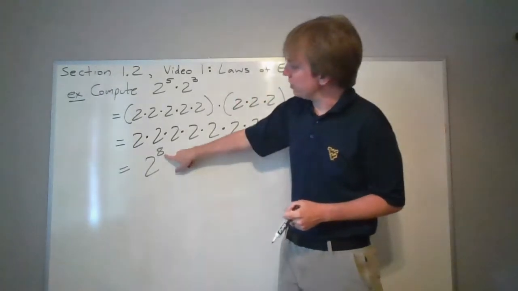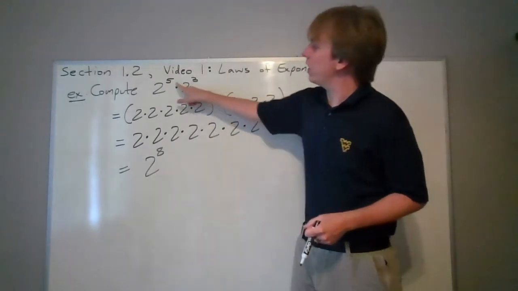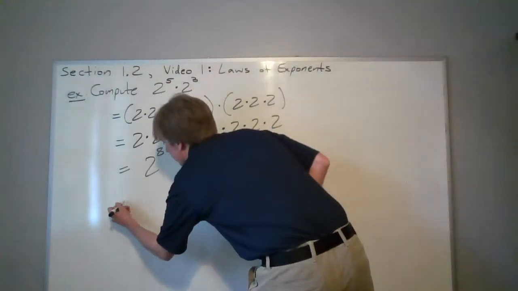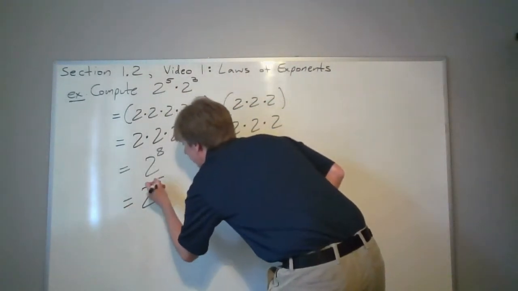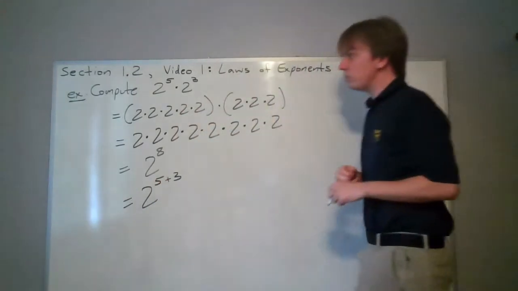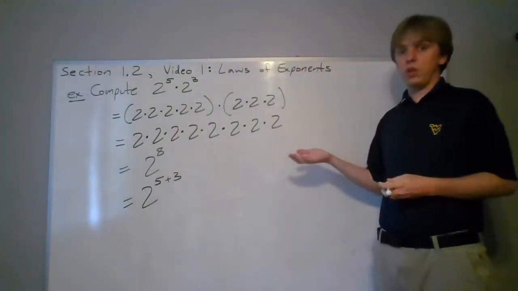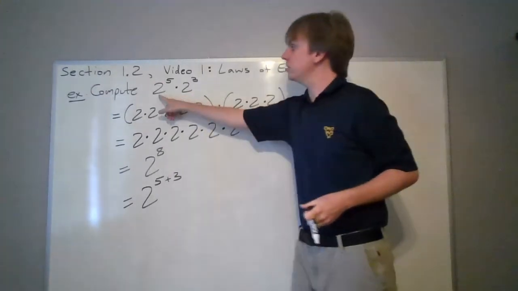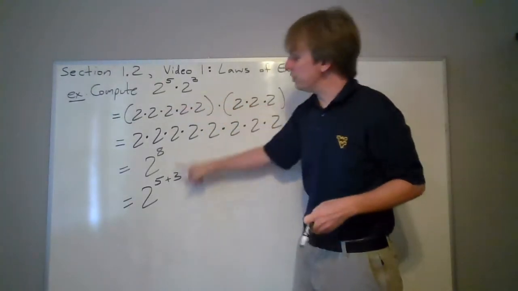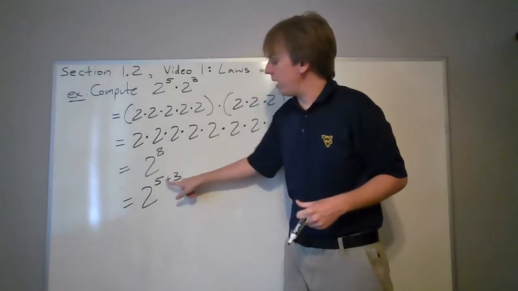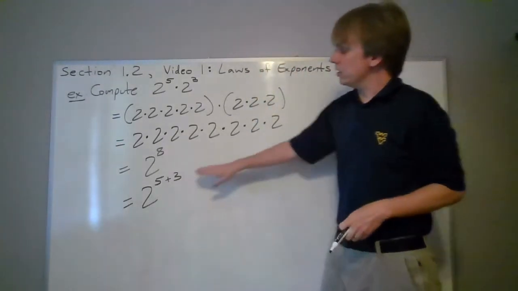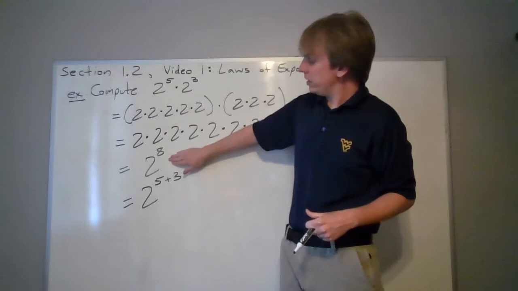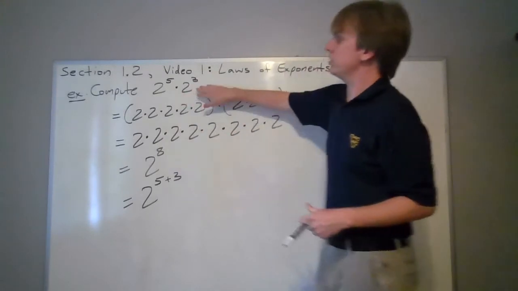So really this exponent came from adding up the two exponents. So it's really 2 to the power 5 plus 3. And so that's going to be our first law of exponents: if we multiply two numbers with the same base, what we're going to end up doing is keeping that base, and we're going to add their powers. So this is a little bit more complicated way to write than this, but this is equivalent to the original.